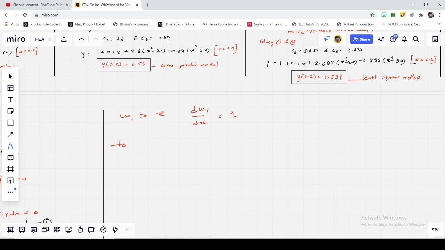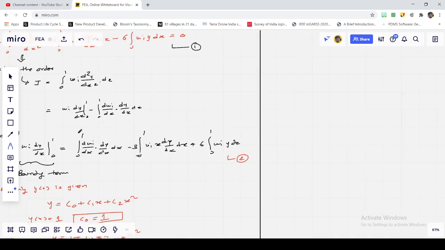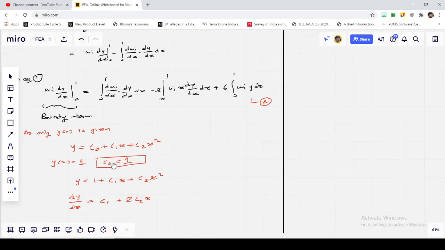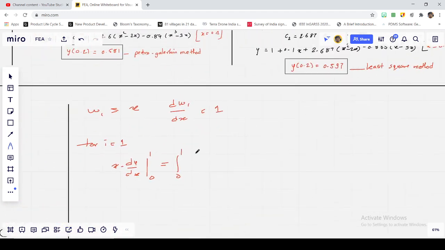Okay, and for i is equal to 1, you have x into dy by dx ranging from 0 to 1 is equal to integral 0 to 1, you have this whole term, integration 0 to 1 dwi by dx, which is your 1, and dy by dx, which is your c1 plus 2c2x dx minus 3 integral 0 to 1, you have x square.